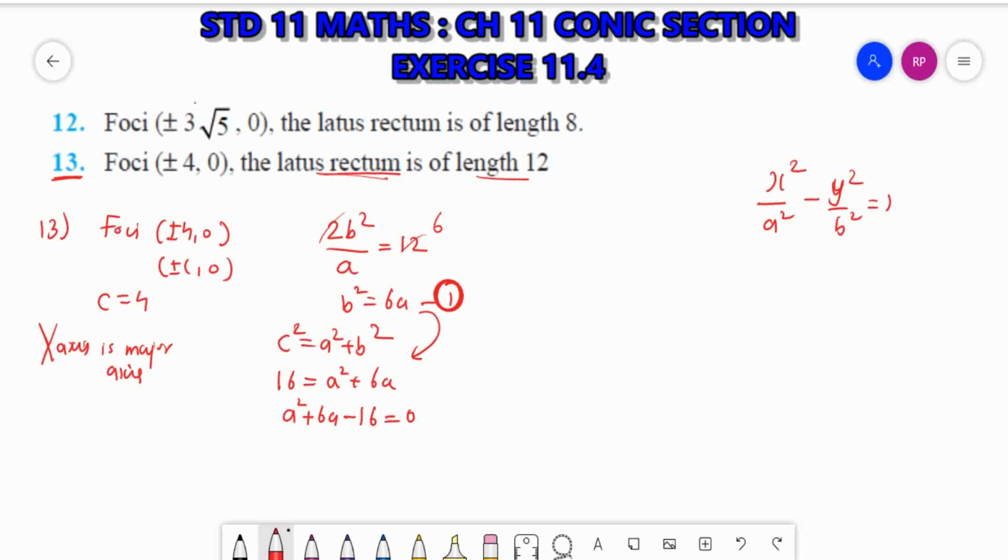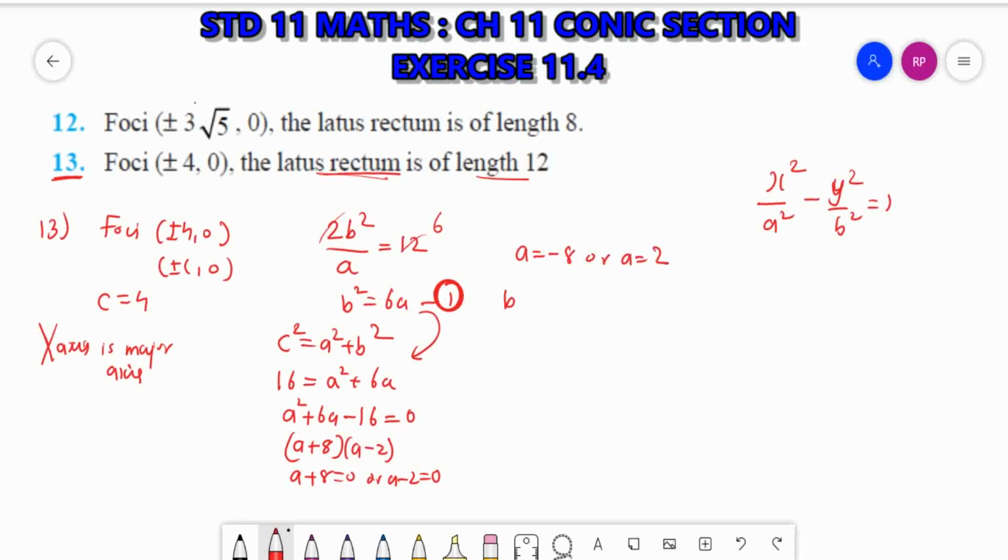So I can factorize it like a plus 8, a minus 2. 8 minus 2 is plus 6, and 8 into minus 2 is minus 16, equal to 0. So here I will get a plus 8 equal to 0 or a minus 2 equal to 0. So I can write a equal to minus 8 or a equal to plus 2.